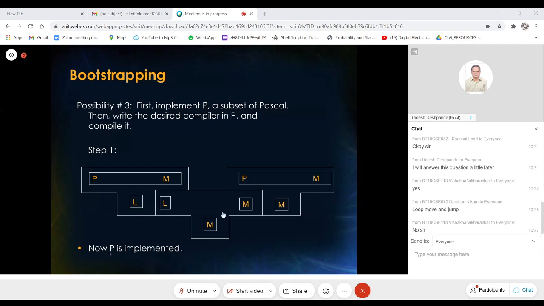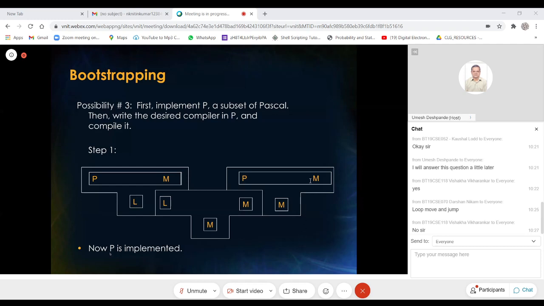Okay, and therefore we get the executable version of this translator P dash to M for this machine M. Okay, this is one way with which we could implement this. But this is also a little tough. Why should I now write a translator for P dash directly to M? I can actually write a translator from P dash to P itself and write the translator in P.